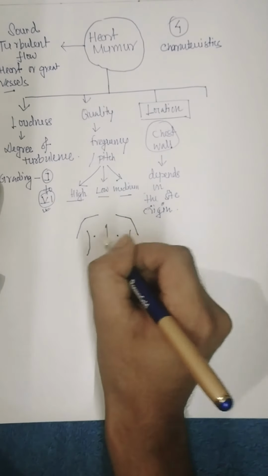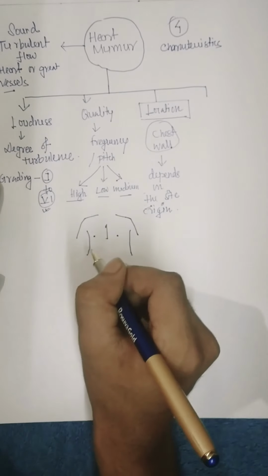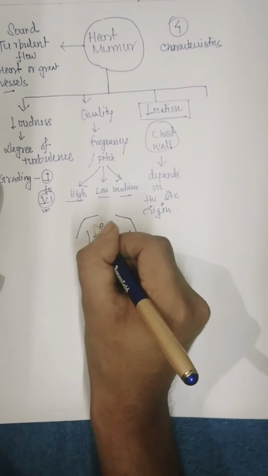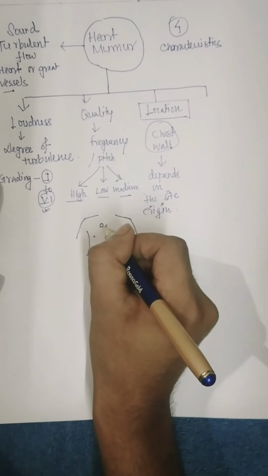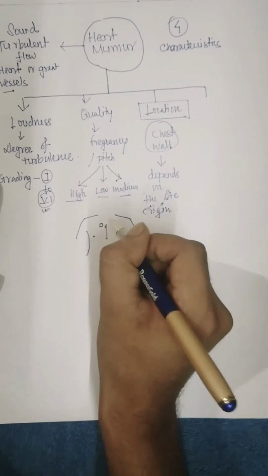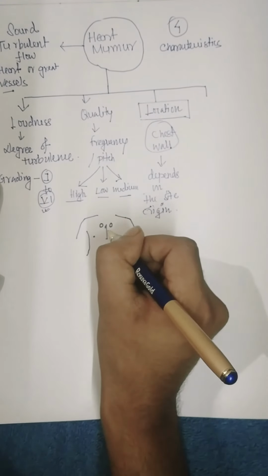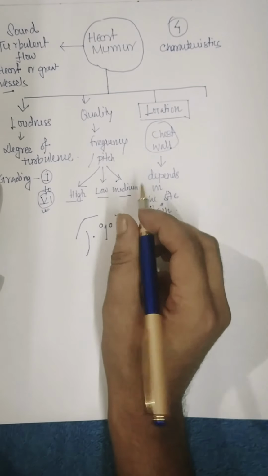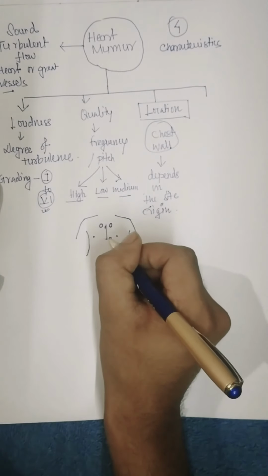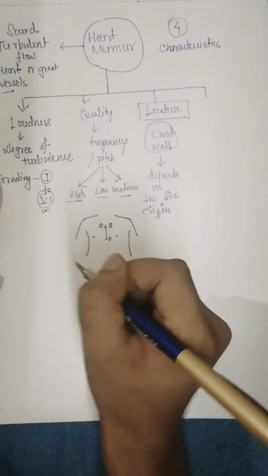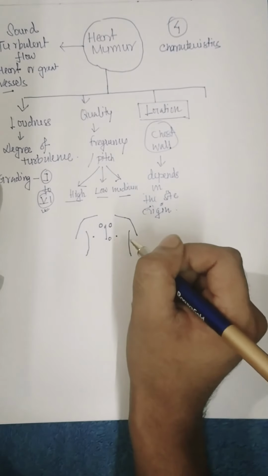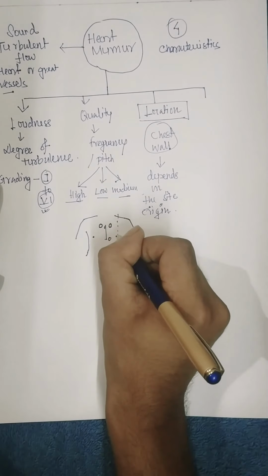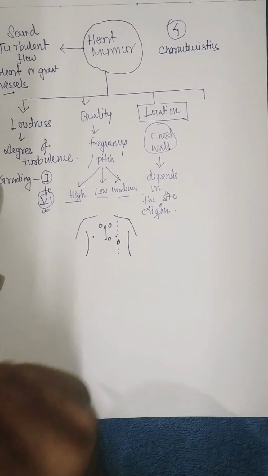We have divided the chest wall into 4 auscultatory areas. One is here, in the second intercostal space, just right of the edge of the sternum. Another is in the second intercostal space again, but left of the edge of the sternum. Another is in the fourth intercostal space, just left lateral to the edge of the sternum. And one is in the fifth intercostal space in the mid clavicular line.